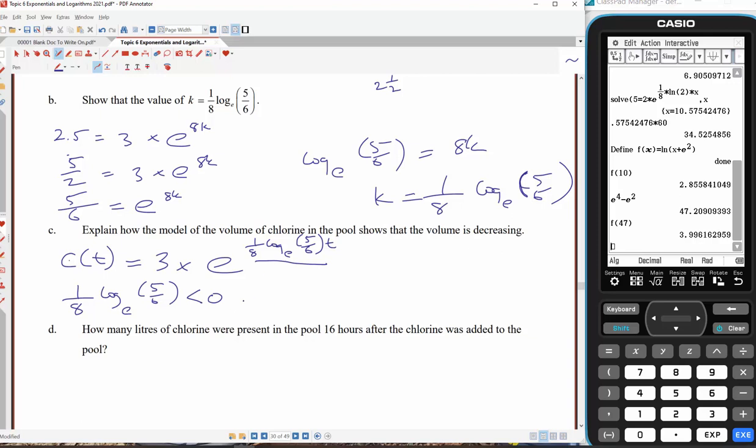So how do I know it's negative? Well, when you go e to the something and you want a number between 0 and 1, this means that it must be negative. So that is less than 0, therefore this is e to the x reflected in the y-axis.